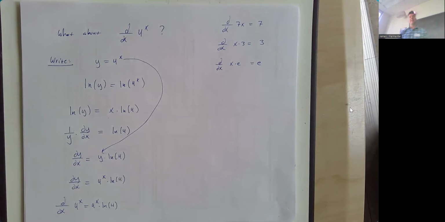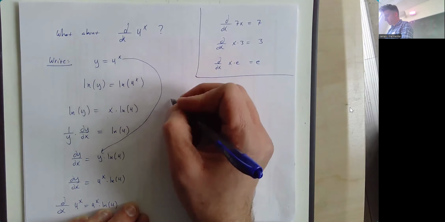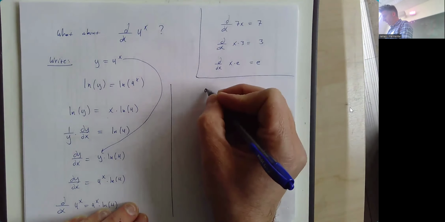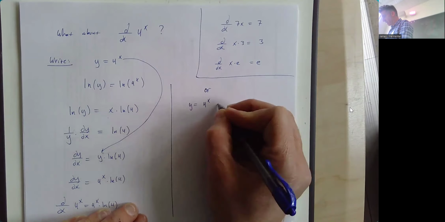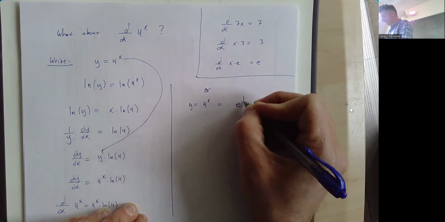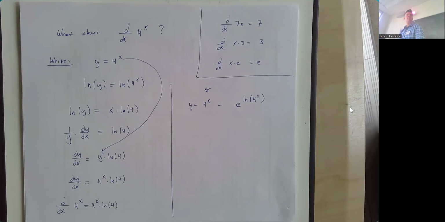Let me point out a different way of approaching this because some people will do this a different way. An equally good way is to rewrite y equal to 4 to the x as e to the natural log of 4 to the x. If you ever want to rewrite something, have it be the same, write e to the natural log of it.